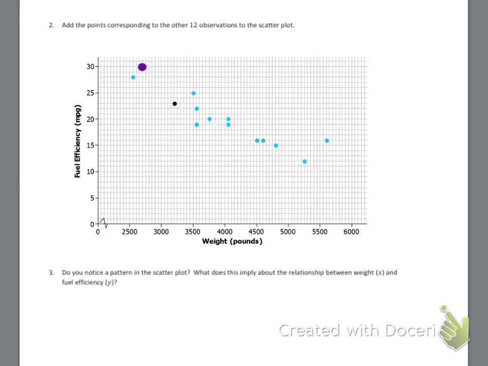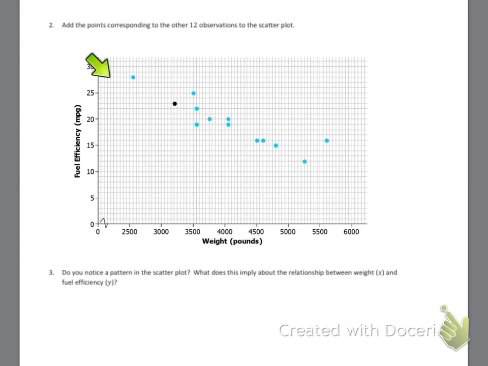Okay, so here's the data plotted. It should look something like that. Hopefully you thought about what the relationship between weight and fuel efficiency would look like, and noticed possibly that this appears to be a decreasing function.